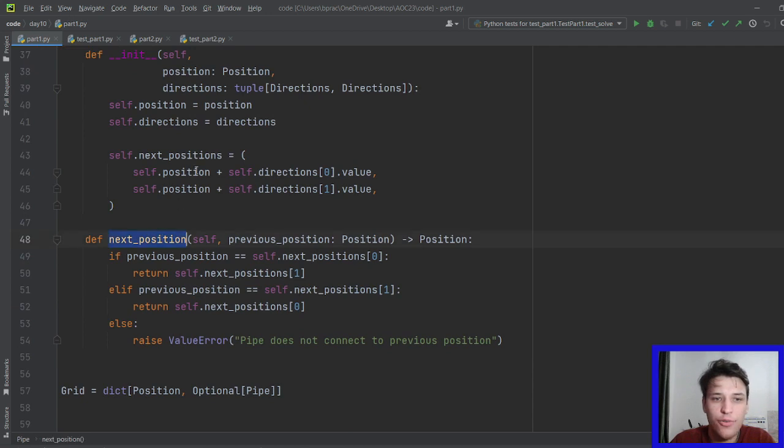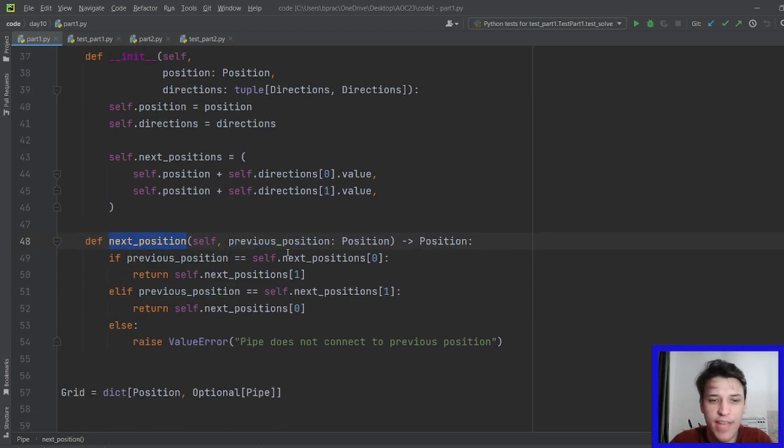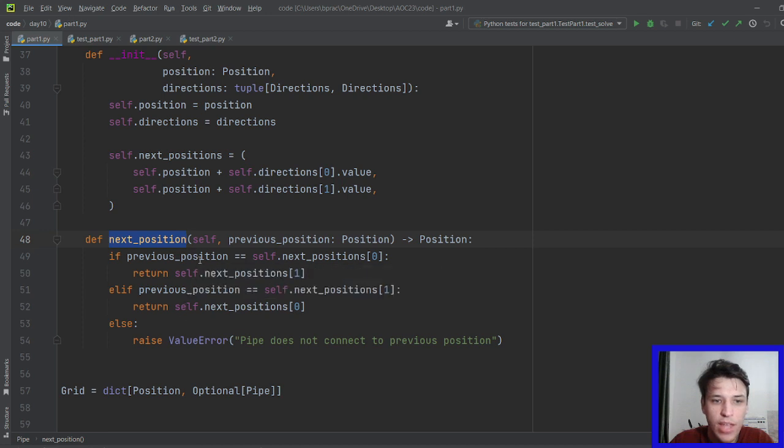What will also be helpful is a next position method, which takes a previous position as an input and then evaluates the next position based on that. Essentially, we check if the previous position is one of the next positions, then we return the other one.